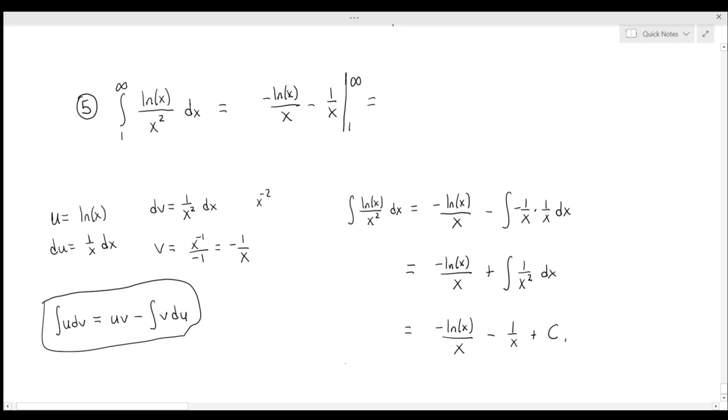And formally, to evaluate at infinity, I need to write a limit. So I'll do the limit as t approaches infinity, from 1 to t.